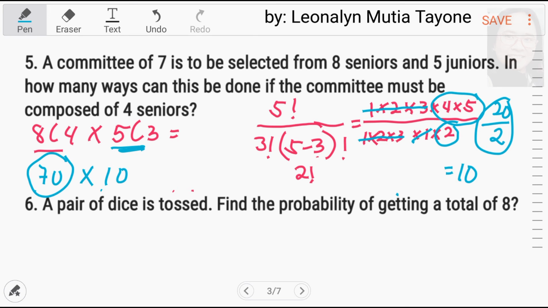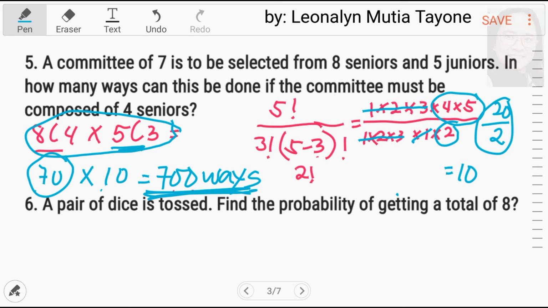70 times 10, and that is 700. So, ang sagot dito ay 700 ways. Pero, yung sa given na mga choices, ang sagot doon ay ito. Meaning, hindi na nila dinetalye or hindi na sinolve. Kasi minsan, just in case lang ha, kung ang sa choices ay ganito, so ito yung sagot.